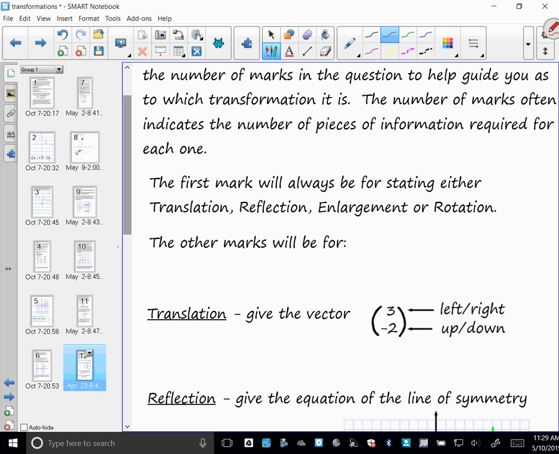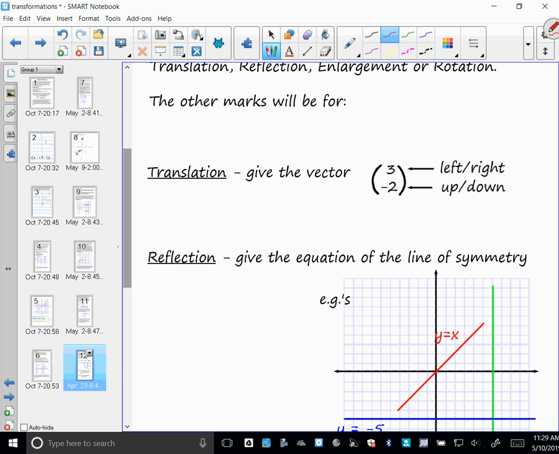Okay? Now, I heard a snigger, but people do that. They just assume that everyone knows it's a reflection, so why bother telling anyone? Okay? So if it's a reflection, write reflection. That's 1 mark. Translation questions will always be worth 2 marks, because you're being asked to tell them it's a translation, and then you need to give the vector.